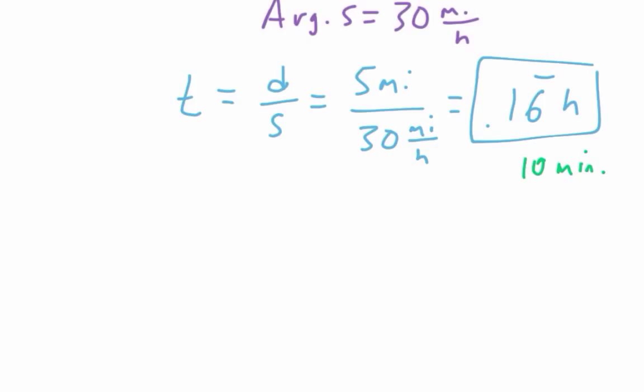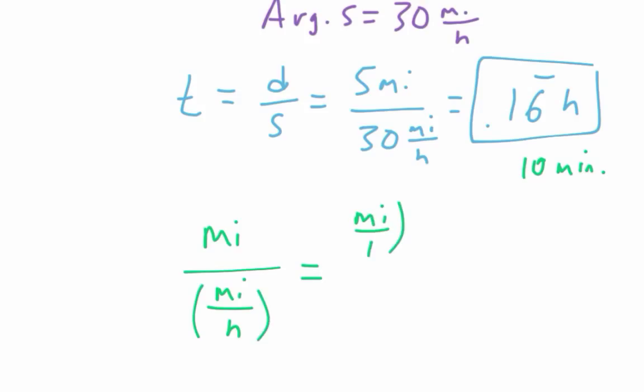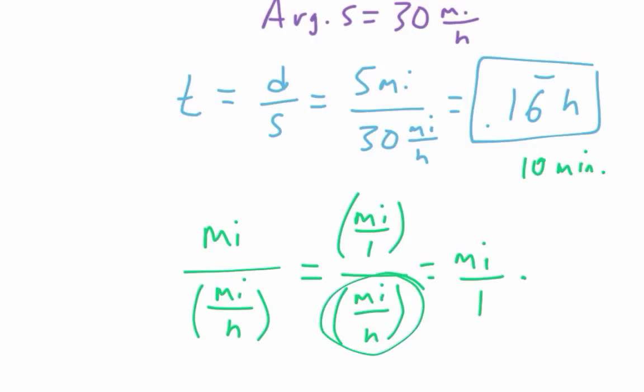One thing, just so I don't feel like a slacker: the notes are done, really, but I want to show you one thing. When we have this miles divided by miles per hour, this is something a lot of my high school kids couldn't do. But you guys are way better at fractions than them because you've had to do them without a calculator. Do you agree that this is exactly the same as miles over 1 divided by miles per hour? When you're dividing fractions, I could change it to multiplication if I do what to my denominator?